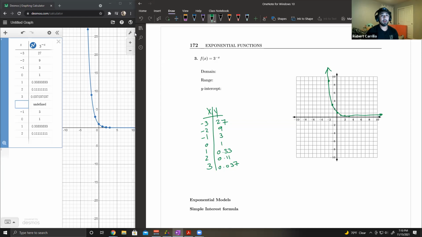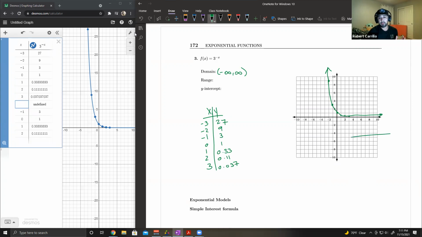Okay. And again, the domain for all of these exponential functions, even if the exponent is negative, is still all real numbers. So -infinity to infinity. And the range, so this one was a little different, but it's still the same.